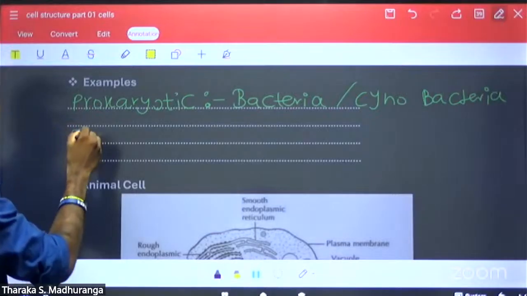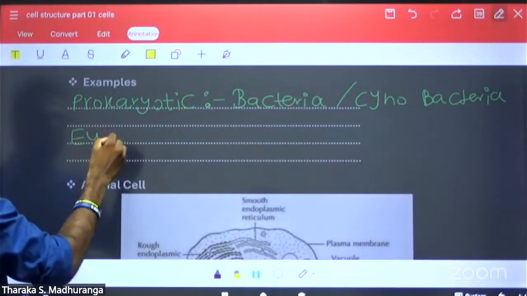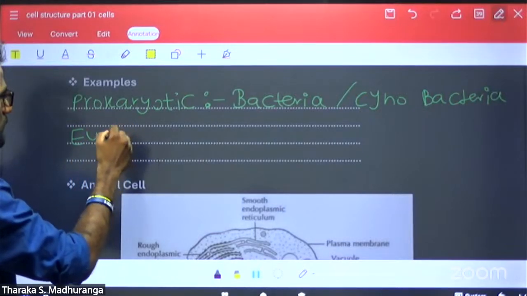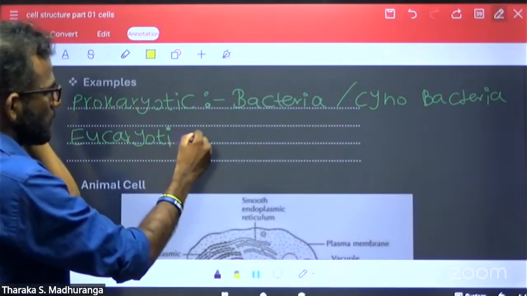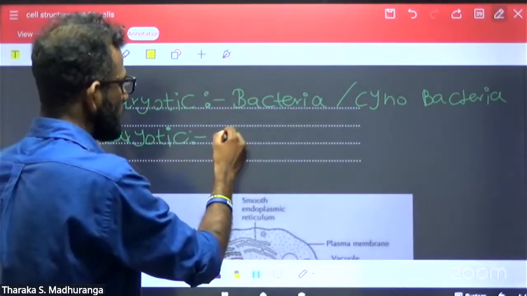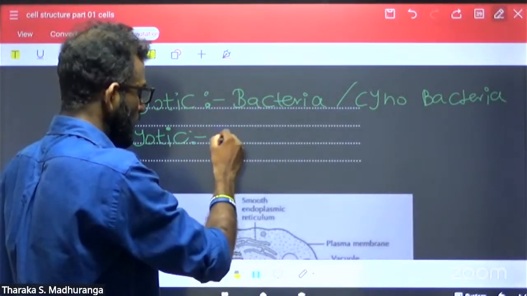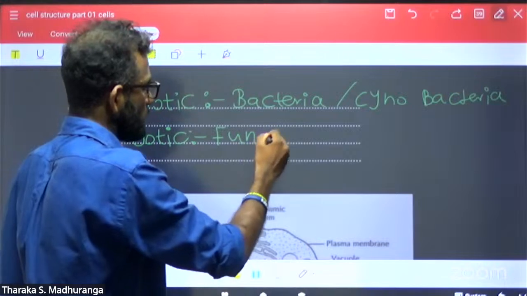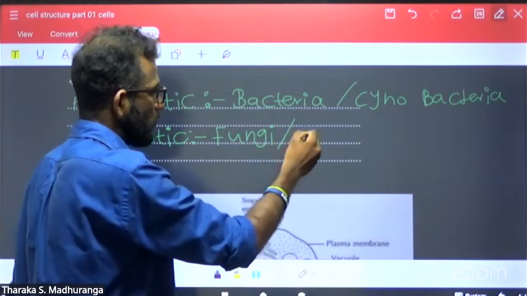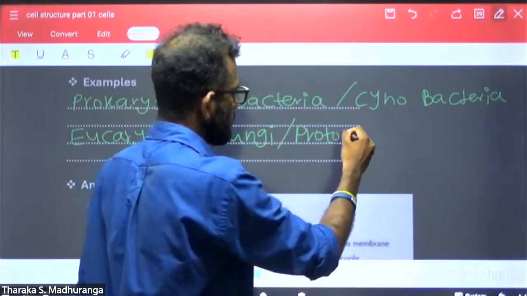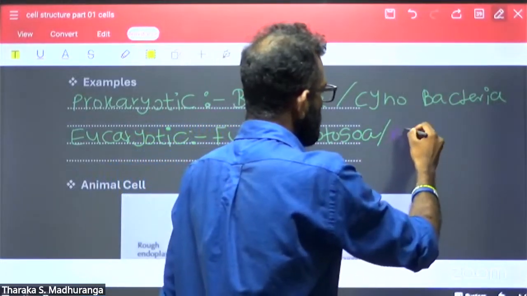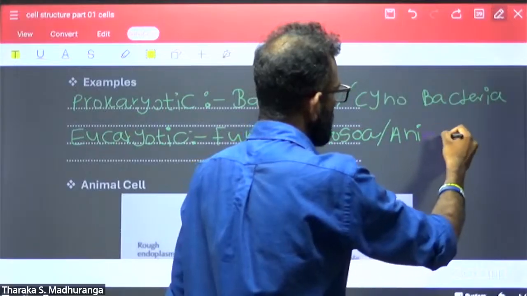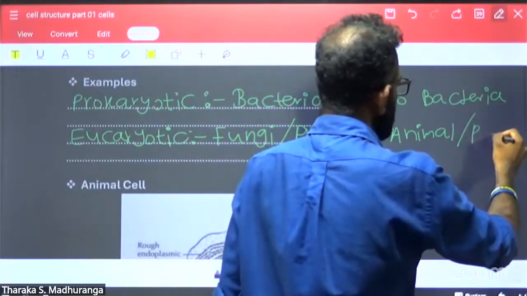Eukaryotic: fungi, protozoa, animal, plant.